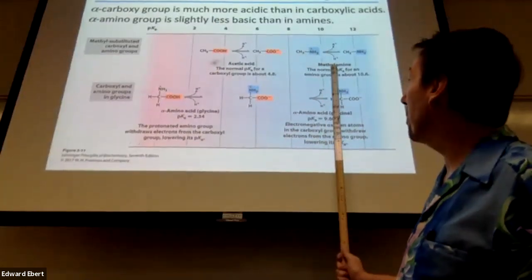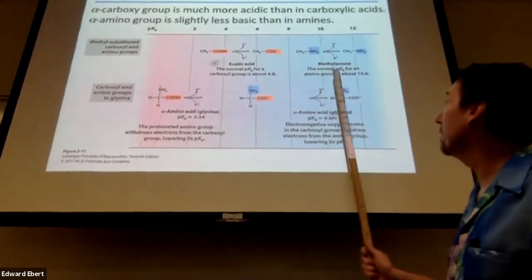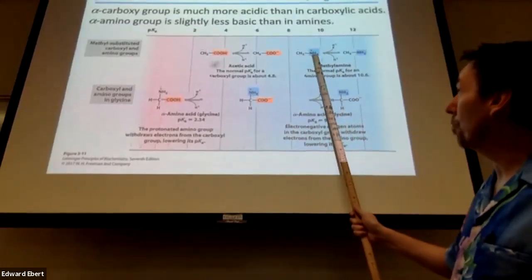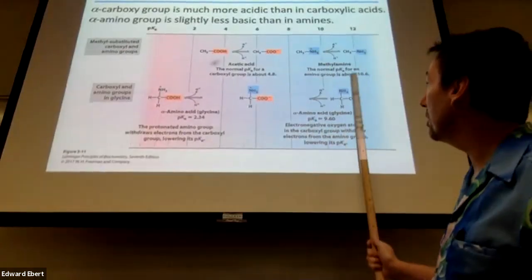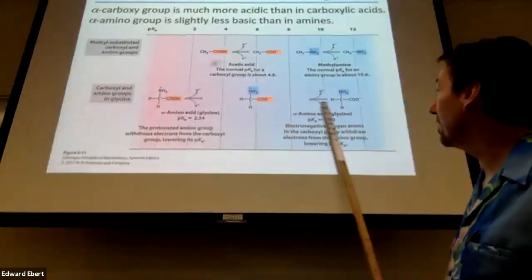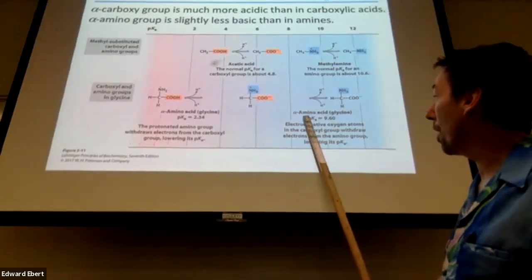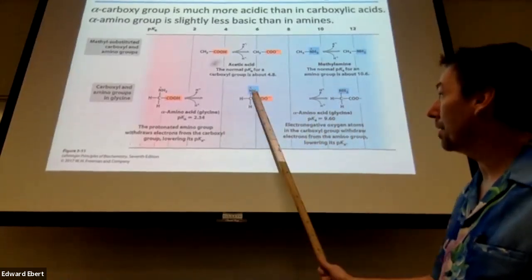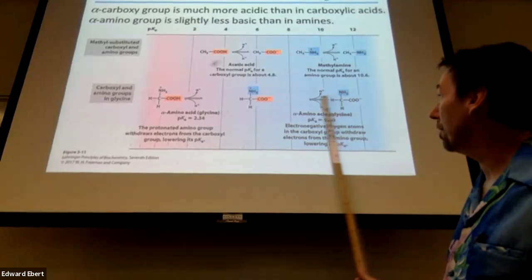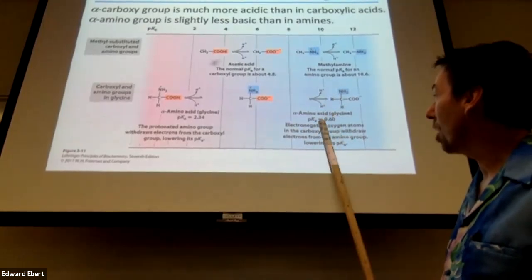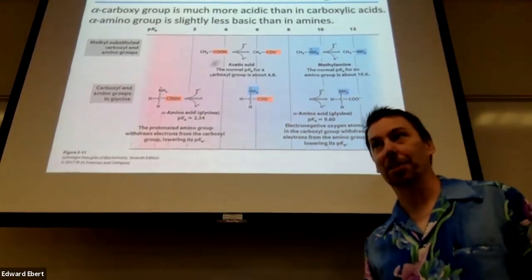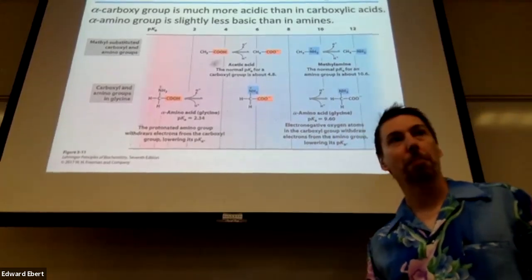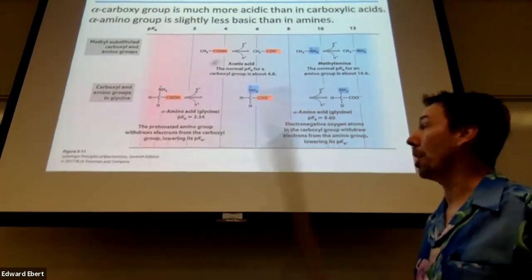If we look at methylamine, to abstract the proton from methylamine over here in blue, its pKa is about 10.6. For glycine, to abstract this proton from glycine, our pKa drops to about 9.6. Again, because that carbonyl group makes it a little easier to boot off this.